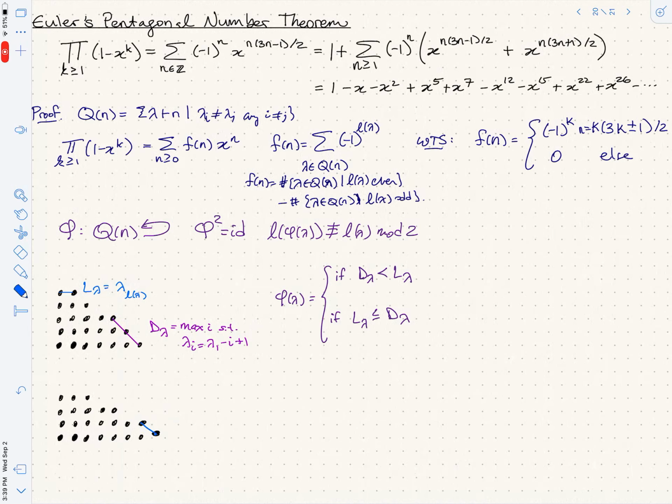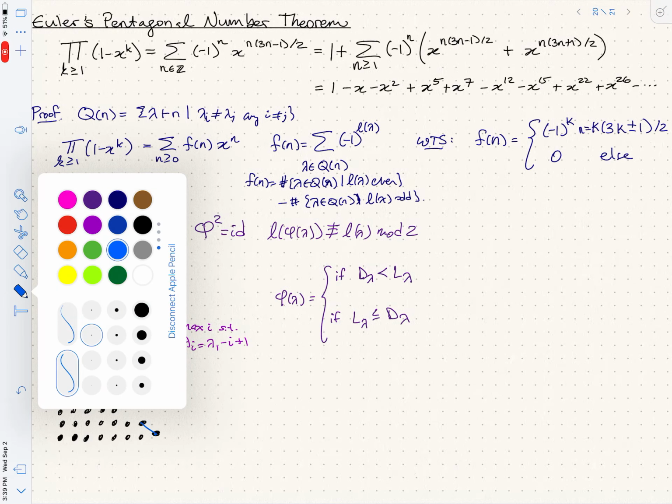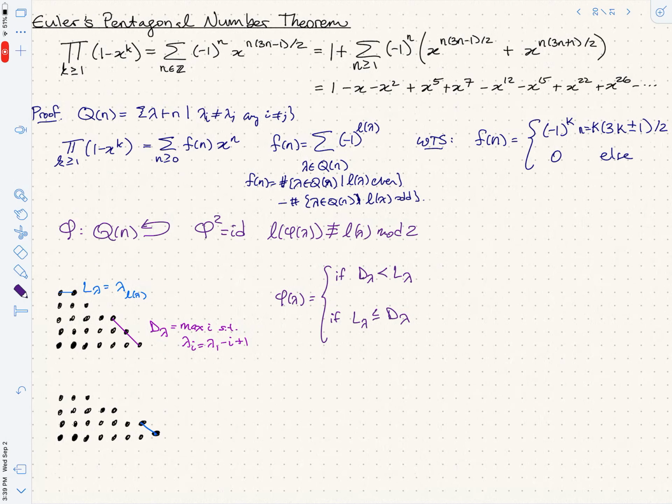That's what I'm going to do. So let me try to write that down in words. So in this case, you're going to remove lambda sub L of lambda. You're going to remove the last part, and you're going to add 1 to lambda 1 all the way up to whatever you need to add it up to. Okay? So however many you've taken off, that's how many you add to.